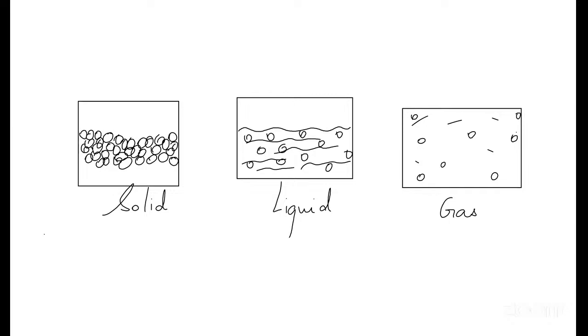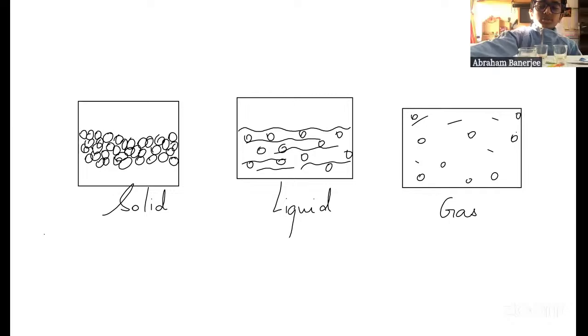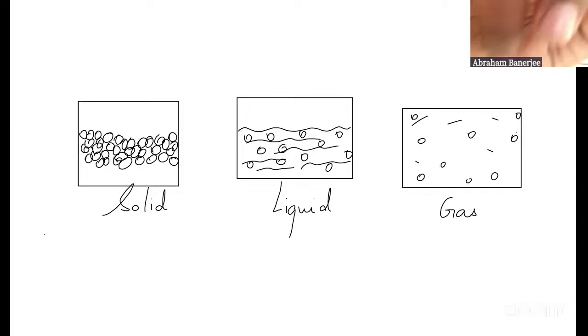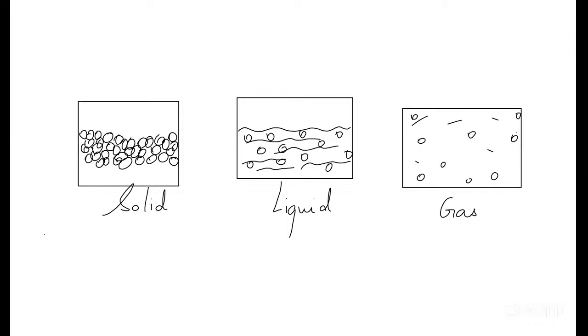They have a lot of distance. Solid is like completely packed. Liquid is a little bit, and then the gas is completely distant, the molecules are far from each other. So density is essentially a measure of how tightly the matter is packed together.